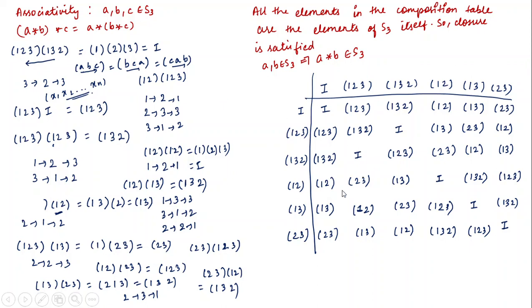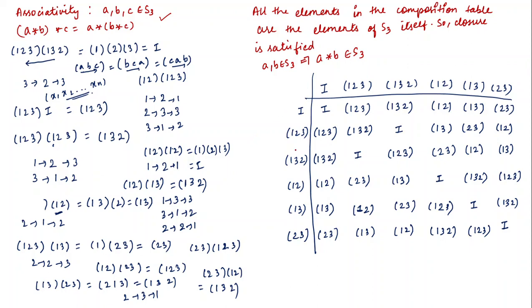You can apply this associativity on any elements and you will see that it is holding true. Okay, so associativity is also holding true. Now two properties are getting satisfied, and the third property is the existence of identity element.